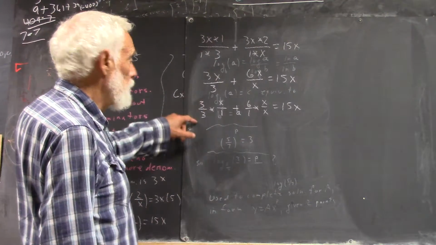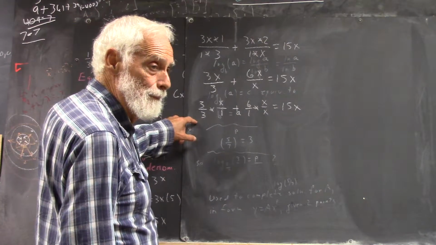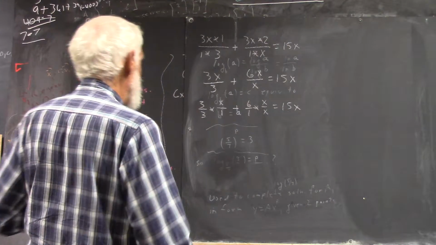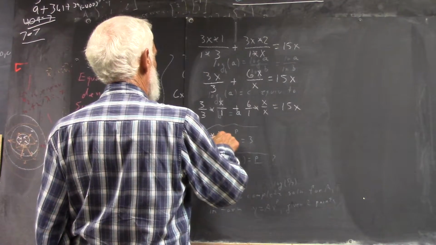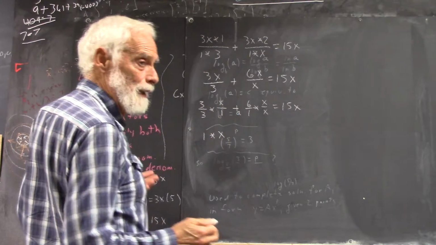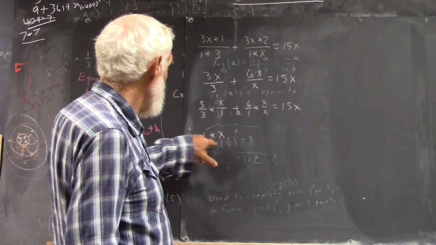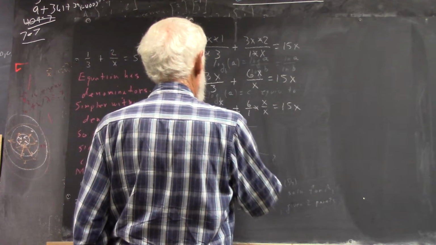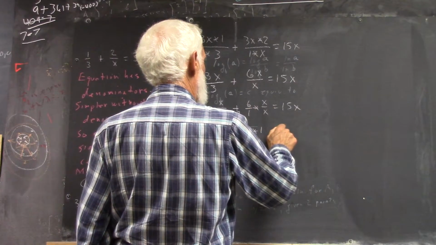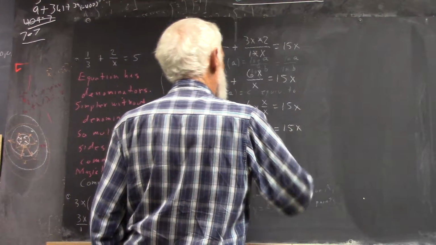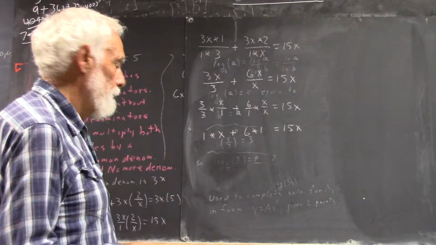So now what's 3 over 3? So this is 1 times x, because x over 1 is x. That's 1 times x. Of course, 6 over 1 is 6, and x over x is 1. And that's 15x.